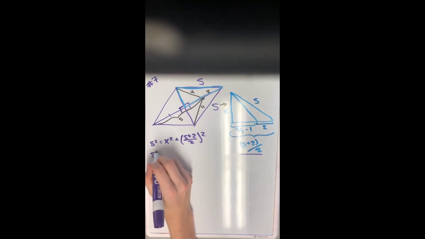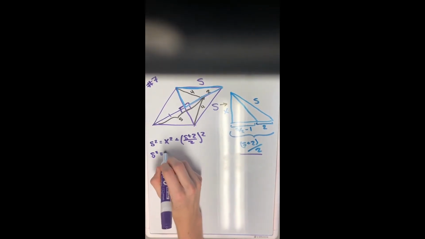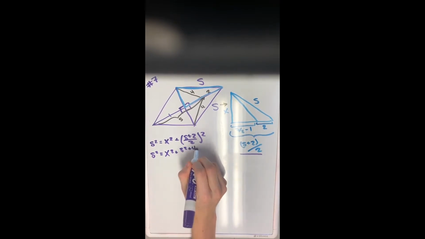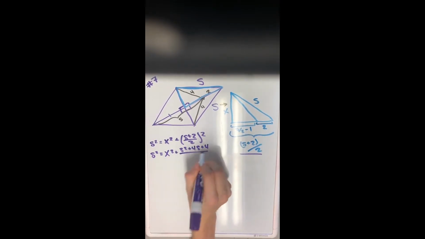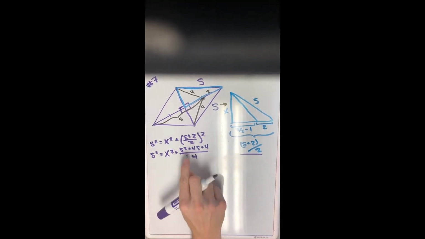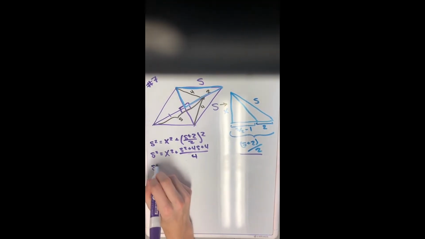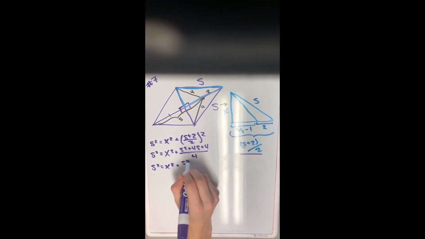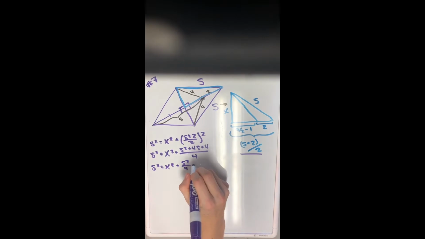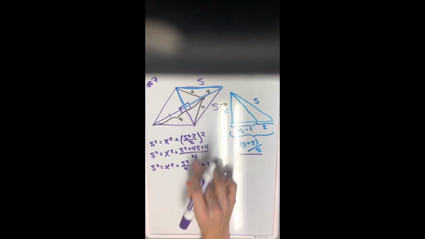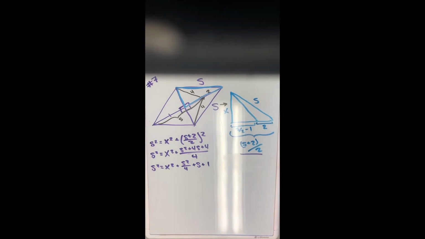And therefore we know that s squared is equal to x squared plus s squared plus 4s plus 4 over 4, because the 2 gets squared, and then s squared is equal to x squared plus s squared over 4 plus s, because the 4's cancel, and plus 1 because the 4's also cancel there.